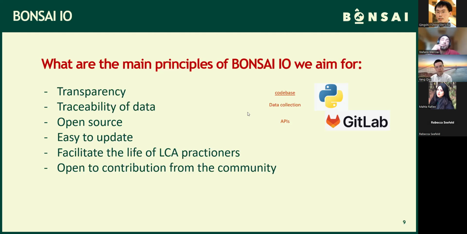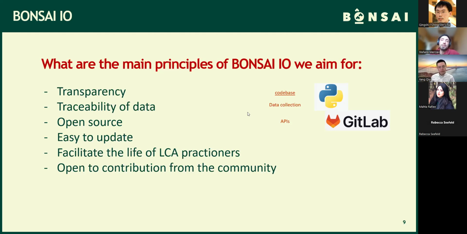Everything that we are producing is open source, uploaded on GitLab, in a repository, and most of our code is in Python, which is also an open source language. The idea is to have a database that is easy to update, so that it can be maintained without big funding, and every year we can update it easily.